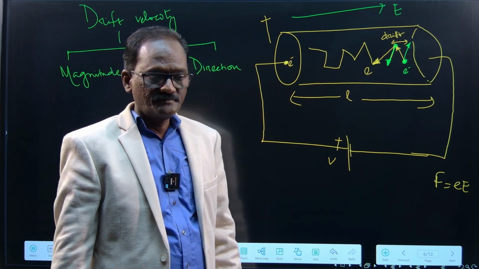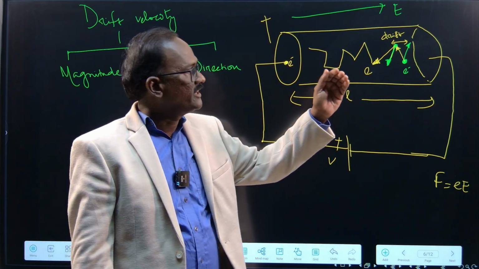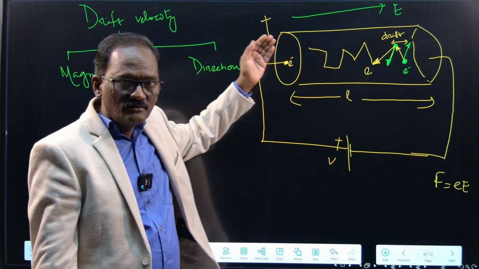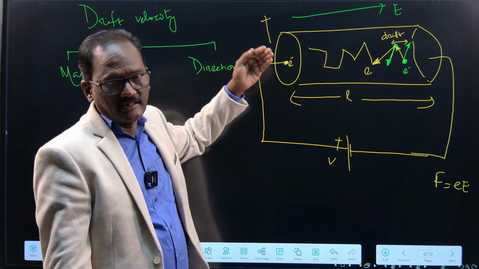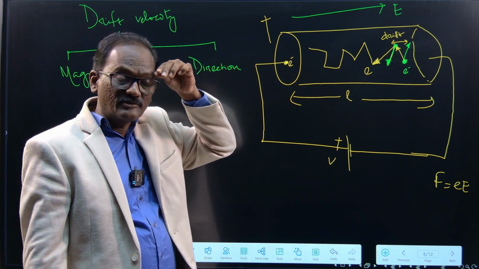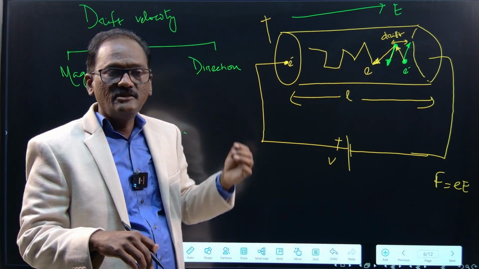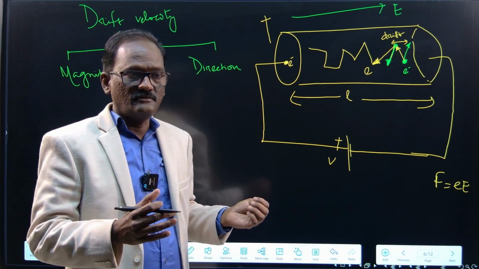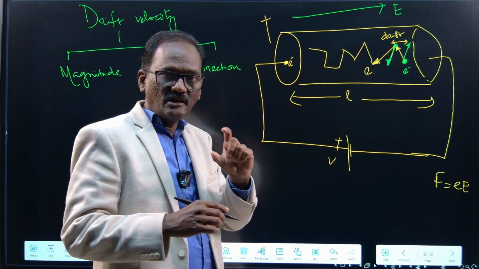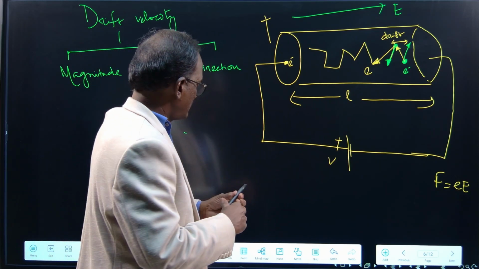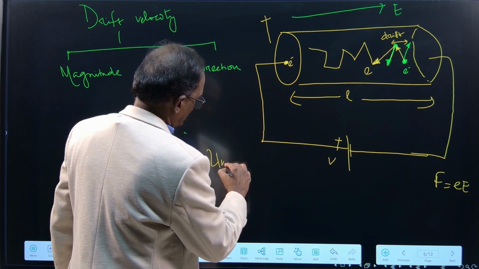This is how the electrons move from one end to another, against the E field, to constitute electric current, right? This zigzag motion. But if you take the average of the velocities of all the electrons, you will get a unified direction.